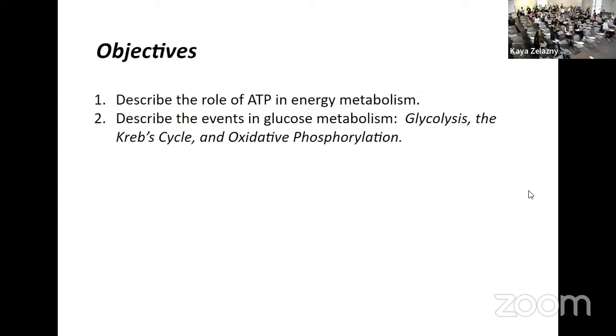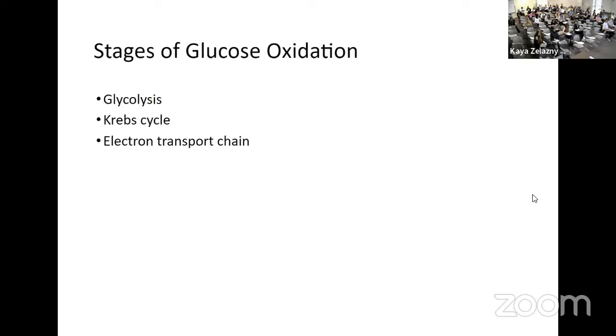So now we are going to talk about the process itself. Our big stages that we're going to focus on are glycolysis. Then we'll have a linking step in between glycolysis and the Krebs cycle, where we convert pyruvate and bring it into our mitochondria. We're going to have the Krebs cycle or the TCA cycle.